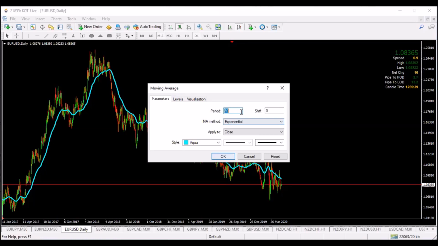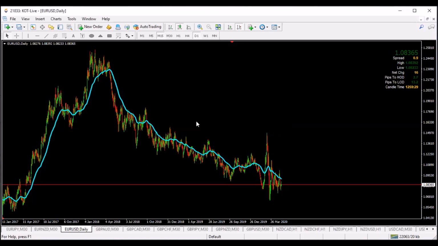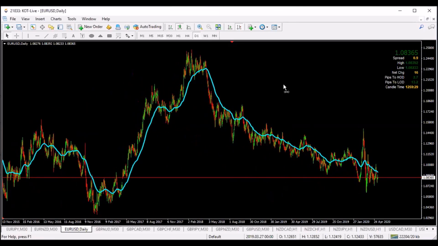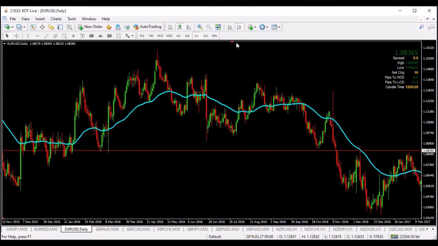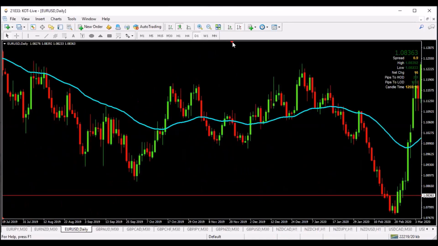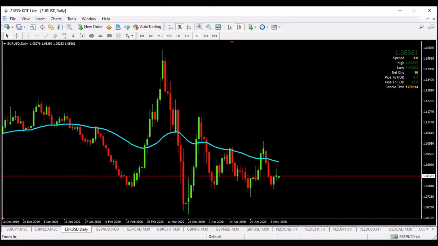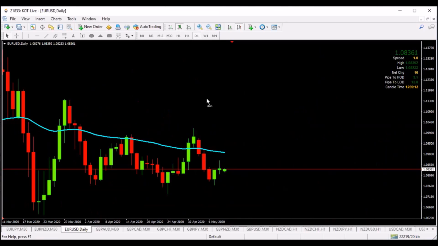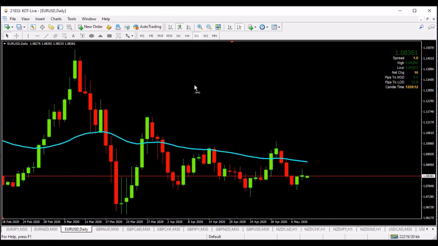So here's the deal. When I look at my chart now, I'm looking at it in a whole different light. I've got my 50 exponential moving average on there, and now I can look at my daily chart. This is as simple as this: if I'm above my 50 moving average, I'm in a buy.